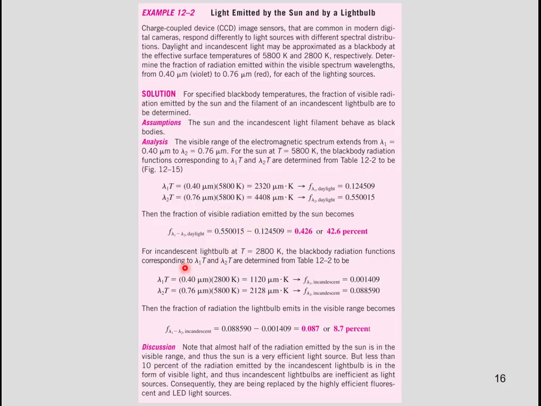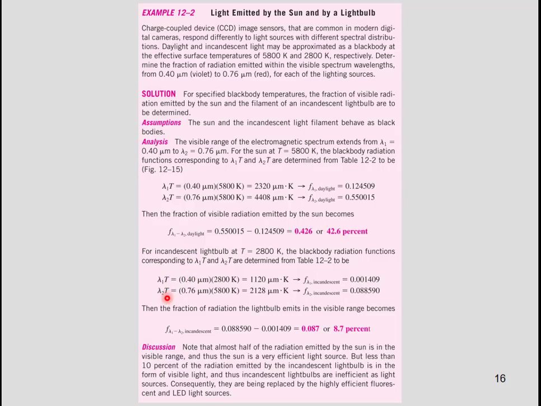We can calculate the fraction of visible radiation for the incandescent light bulb, whose temperature is lower, 2800, for the same lambda 1 and lambda 2, similar to the sun, which is the range of the visible wavelength.